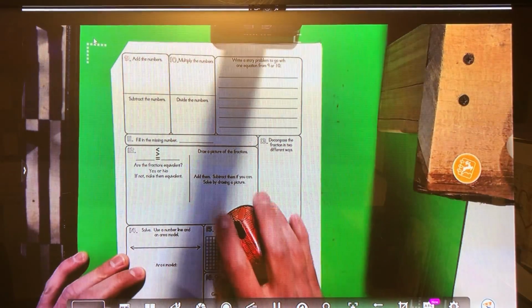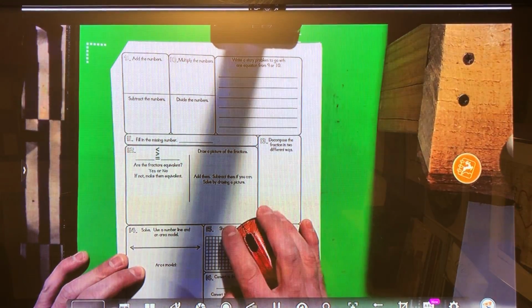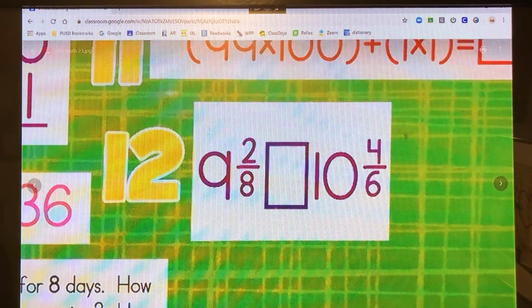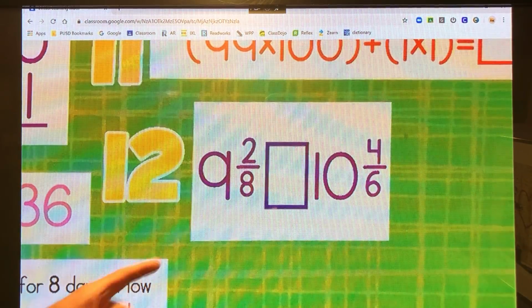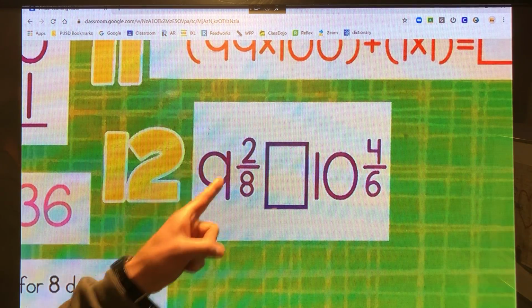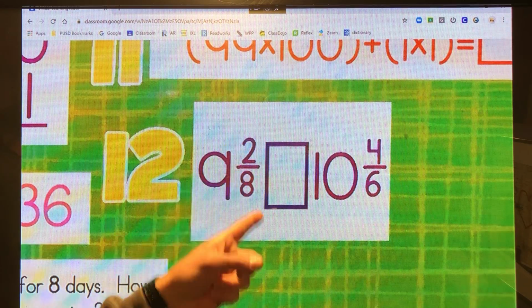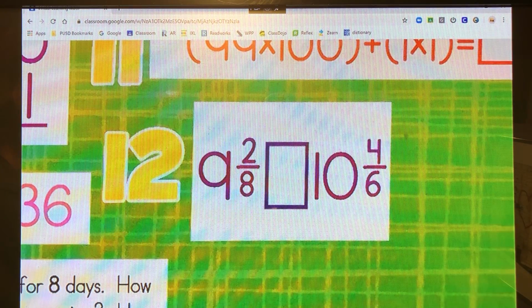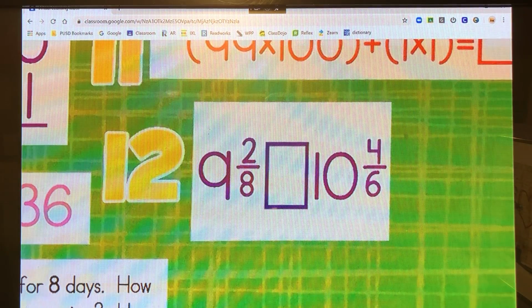So the numbers that we're working with today in number 12, I will switch back over to the Mountain Math screen, are mixed numbers. They're mixed numbers because each has a combination of a whole number, 9 and 10, and a fraction, so a part of a whole number. When you take a whole number and a fraction and put them together, what you've done is created a mixed number.